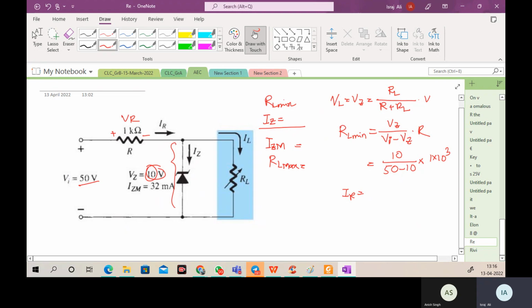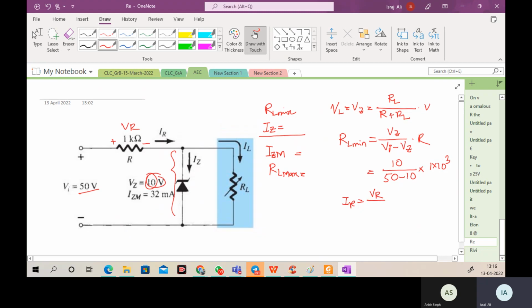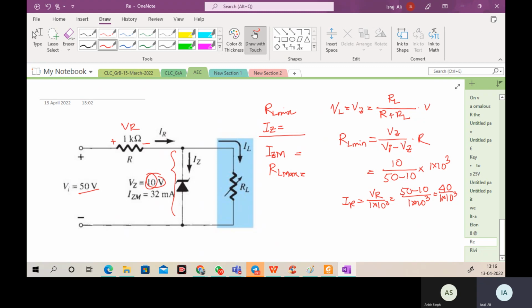IR will be VR by R, that is VR by 1 into 10 to the power 3. And VR is 50 minus 10, divided by 1 into 10 to the power 3. So 40 by this one, it will come in milliampere. IR is 40 milliampere there.